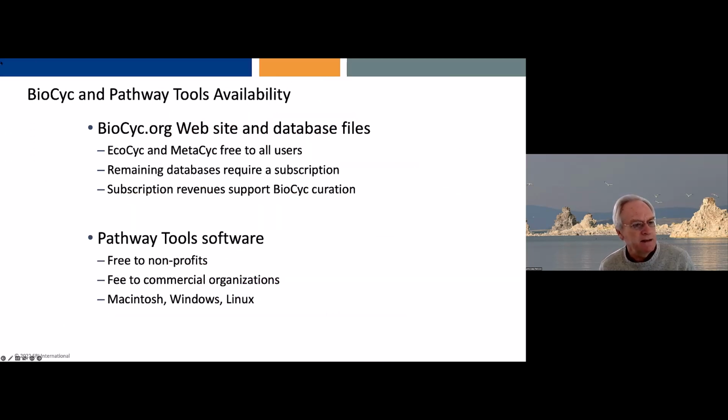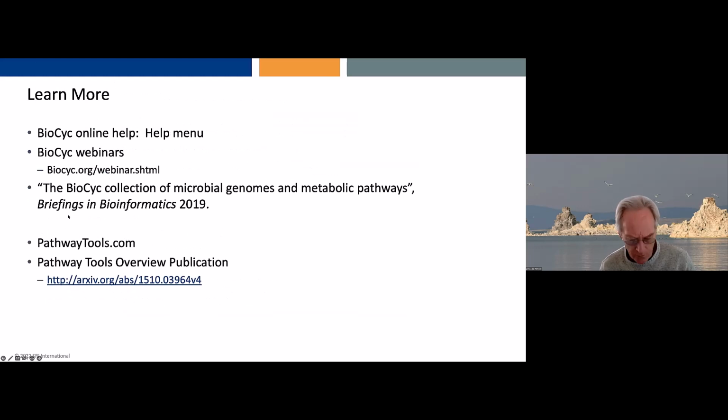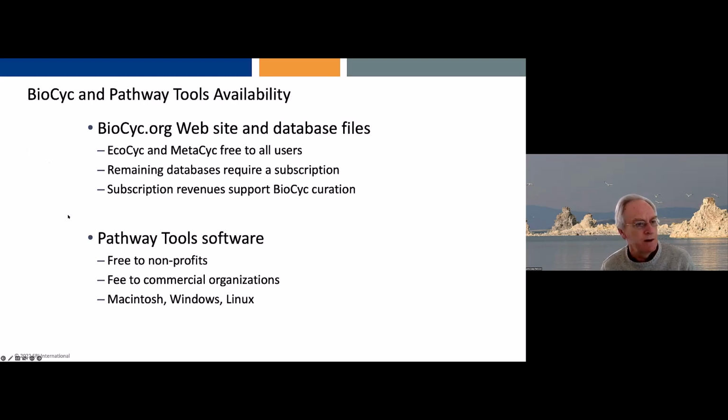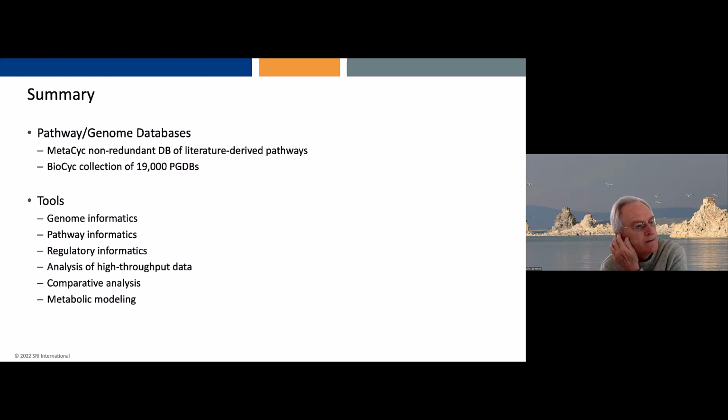And I think Lisa might have taken you through this as well, some of the availability, so I will skip this. So in summary, I've described the BioCyc Pathway Genome Databases. It's a collection of actually now 20,000 databases, of which MetaCyc is a special database because it's not organism specific, but is a non-redundant database of literature-derived pathways from all domains of life.